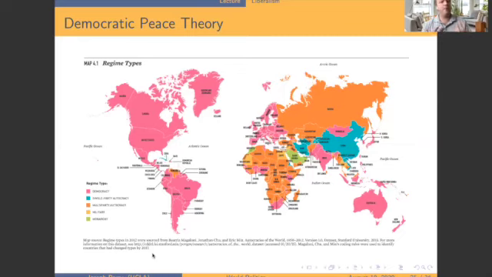This might explain why democracies are still likely to go to war with autocracies, despite what we would expect to find if the other elements of democratic peace theory were correct.